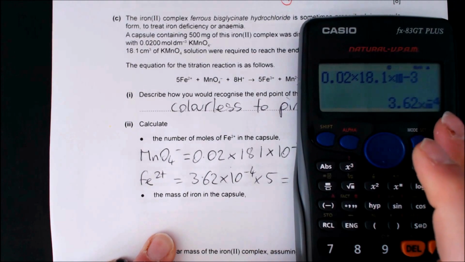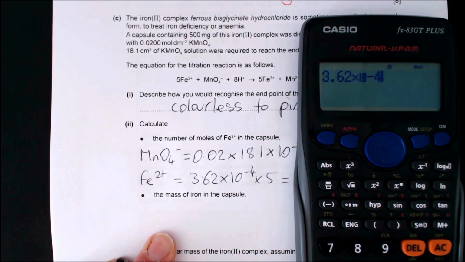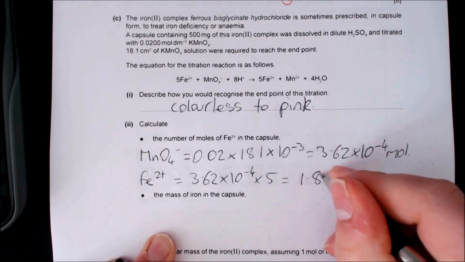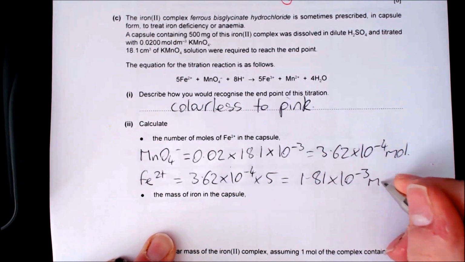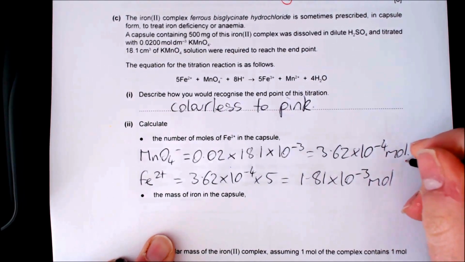So let's just bring the calculator back in. That's going to give us 1.81 times 10 to the minus 3 moles. So with that, you get 1 mark for that bit. Let's just stick in the mark there.